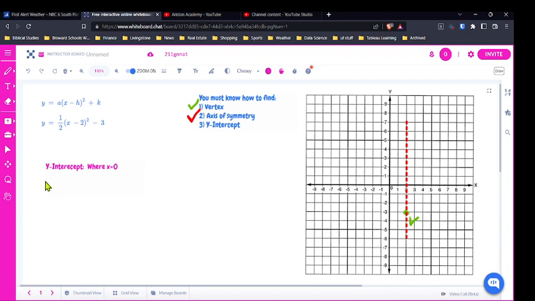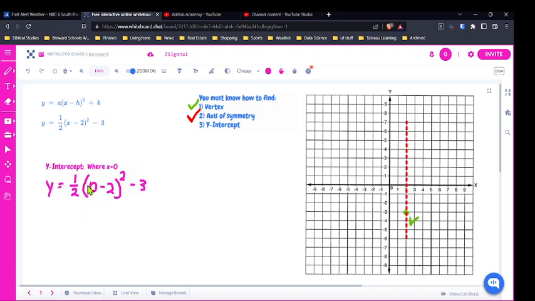Well, we have to use the original equation, which is y equals 1/2 times x minus 2. Now, if x is equal to 0, we would write in 0 minus 2, and then we would square that, because that's what the equation says to do, and then subtract 3.